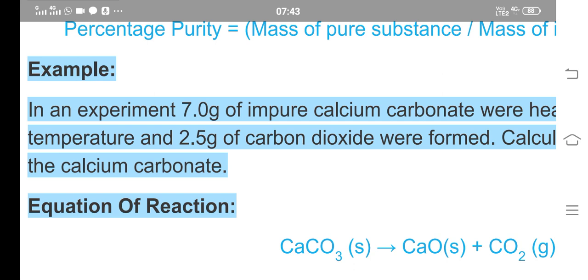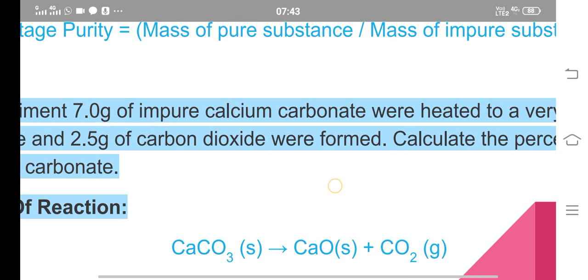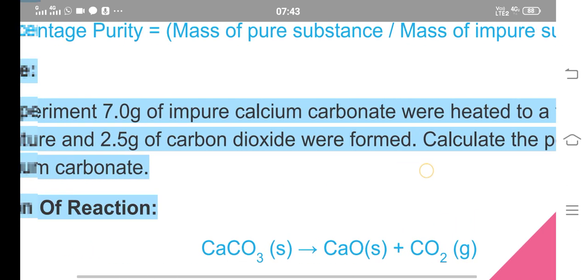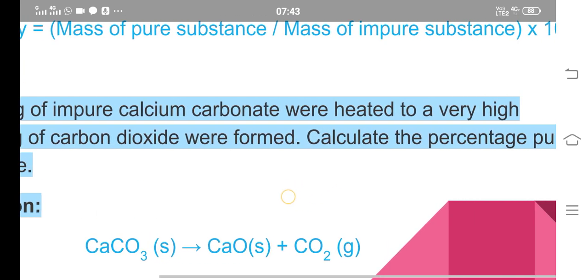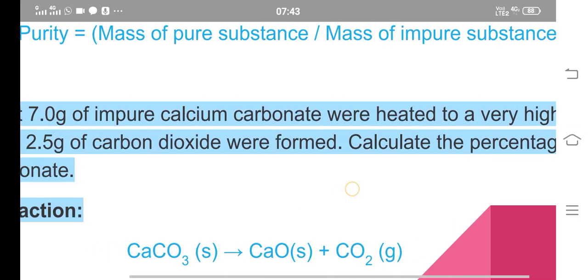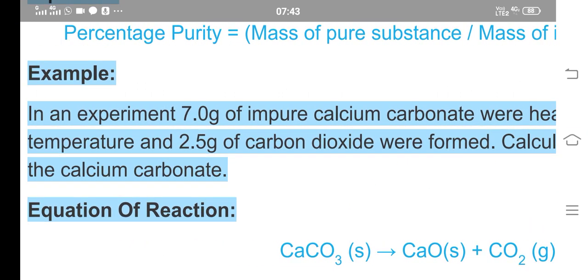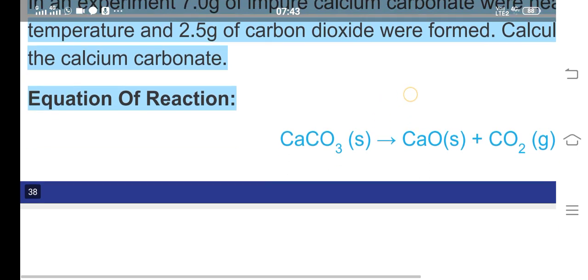Now the example is, in an experiment 7.0 gram of impure calcium carbonate were heated to a very high temperature and 2.5 gram of carbon dioxide were formed. Calculate the percentage purity of the calcium carbonate.